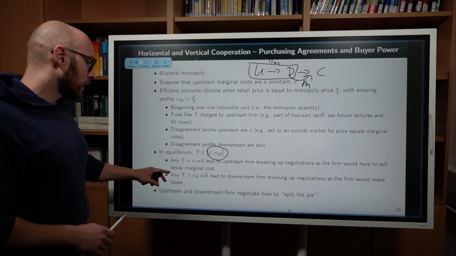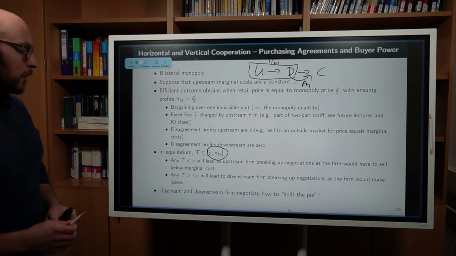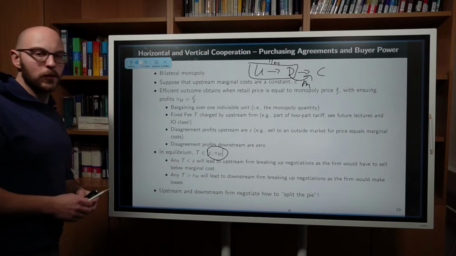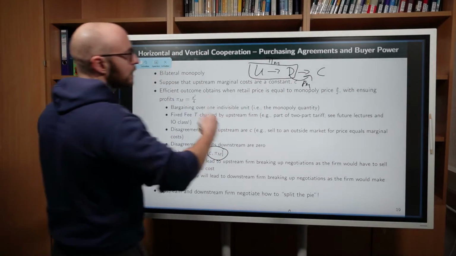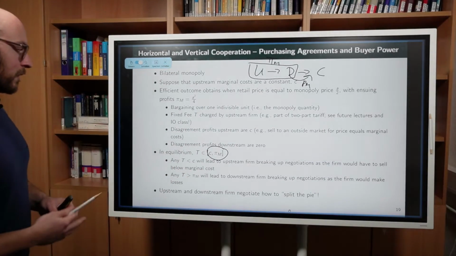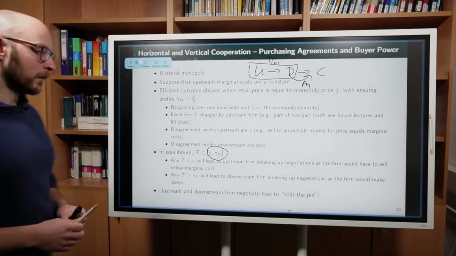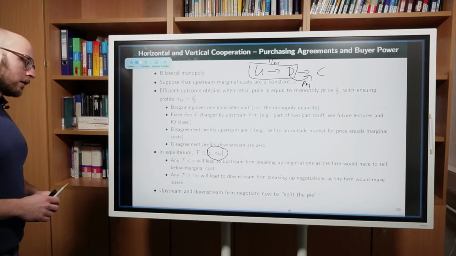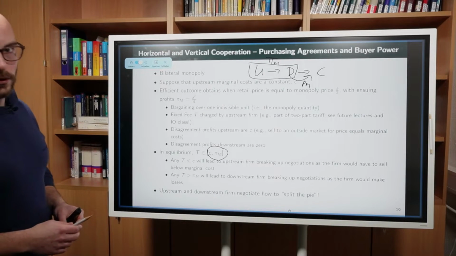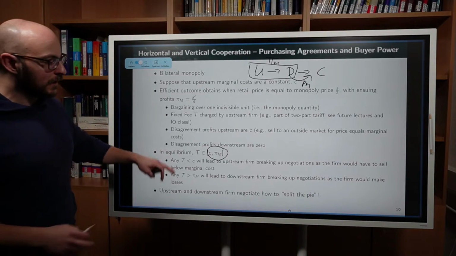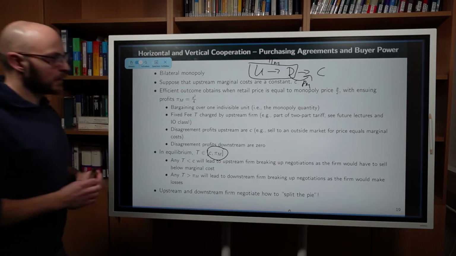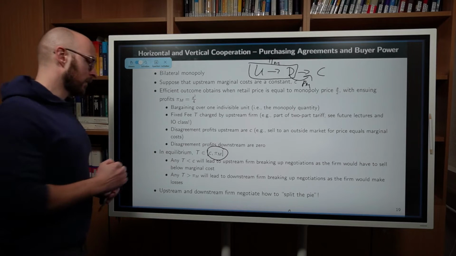By the same token, if the price exceeds monopoly profits, then the downstream firm will break up negotiations, because even if it earned the entire market profits, it couldn't pay the upstream firm for it, right? So it's better off breaking up the negotiations to avoid losses. Now, this is basically the interval the equilibrium price will be in.